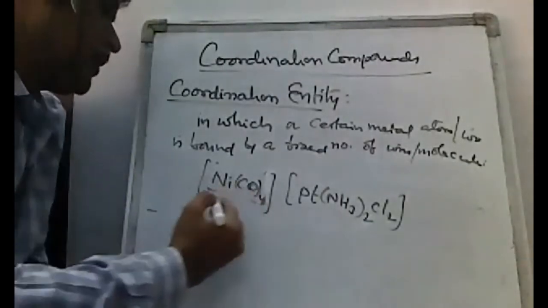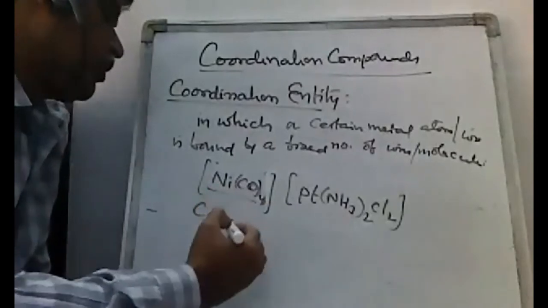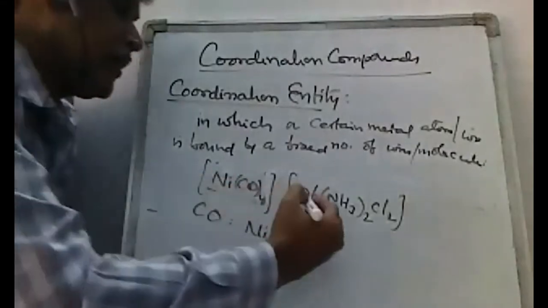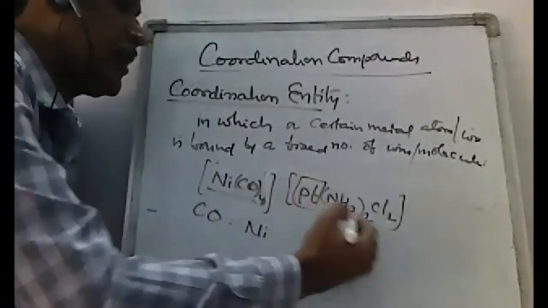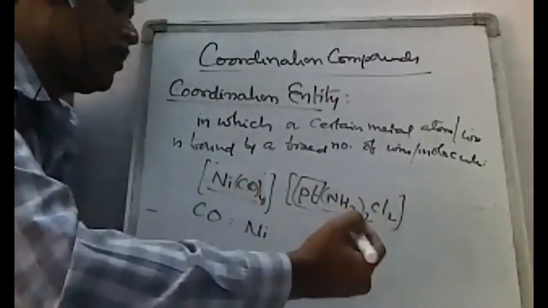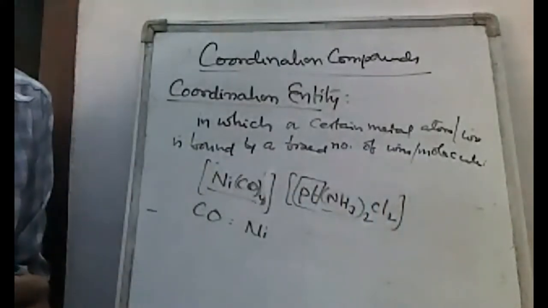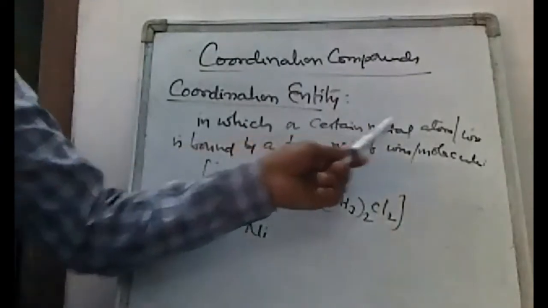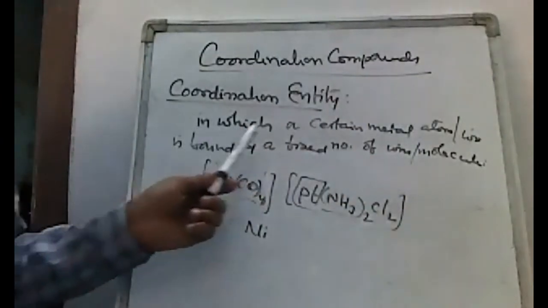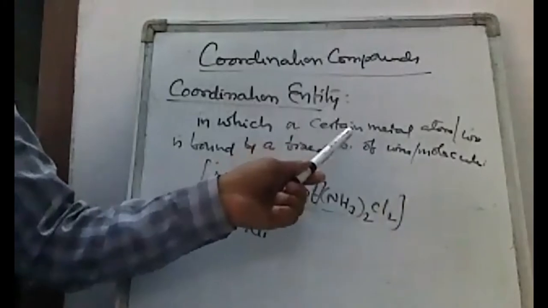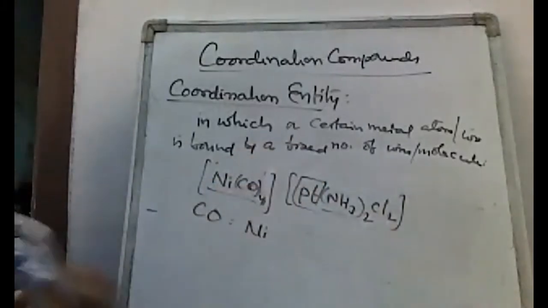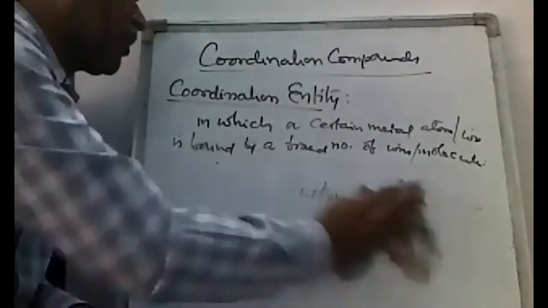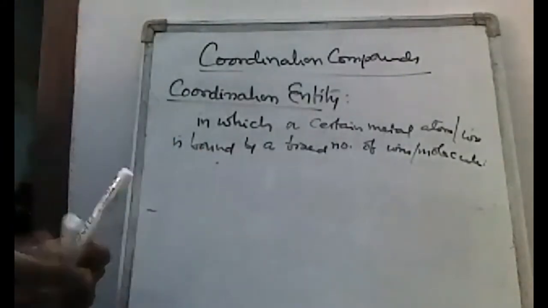Here there are 4 CO molecules surrounded by a nickel atom. Here the platinum ion is surrounded by 2 ammonia molecules and 2 chloride ions. This we call a coordination entity.